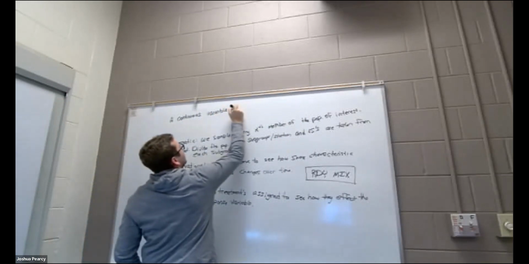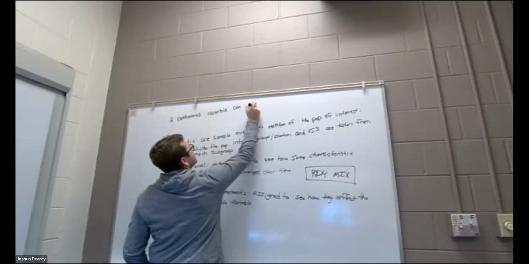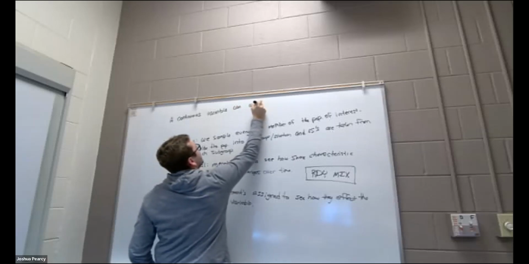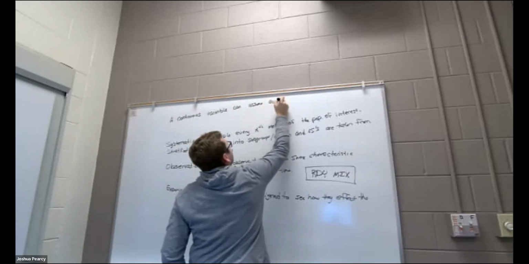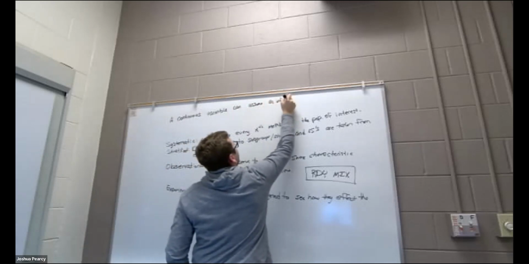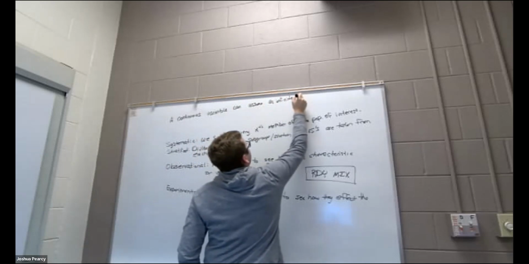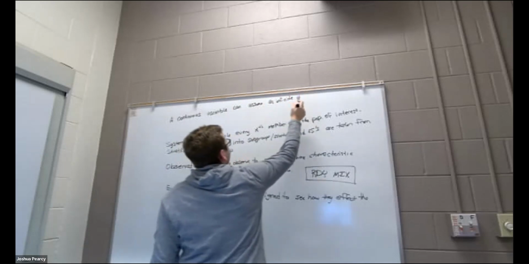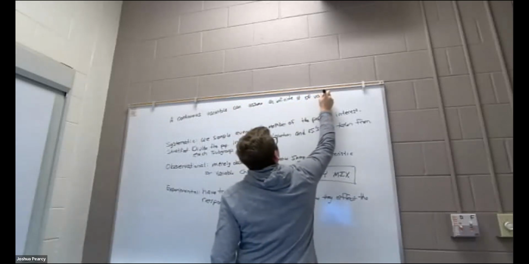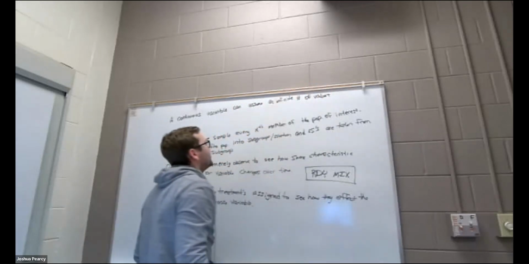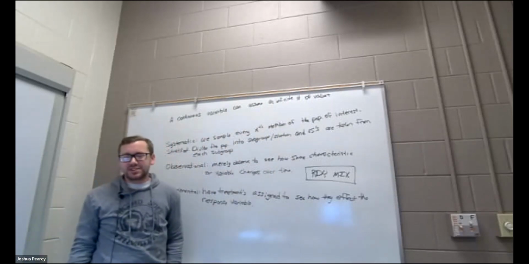A continuous variable can, we'll just say, assume an infinite number of values. Sorry if my handwriting gets slanted. So then we said discrete was what?